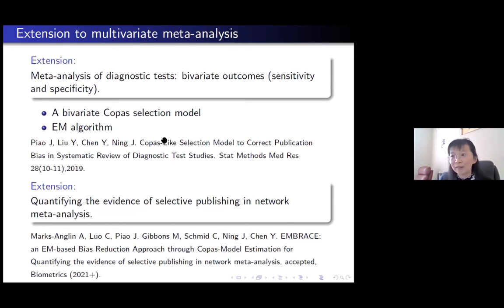So we extended the Copas selection model from the univariate setting to the bivariate setting, and then developed an EM algorithm accordingly. Recently, we have also generalized the Copas model and the EM algorithm to the network meta-analysis setting.